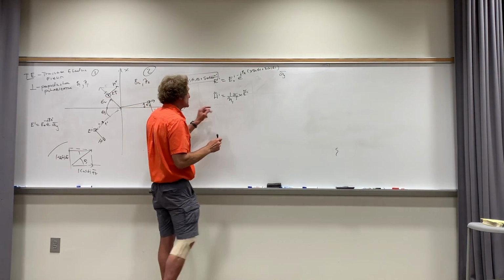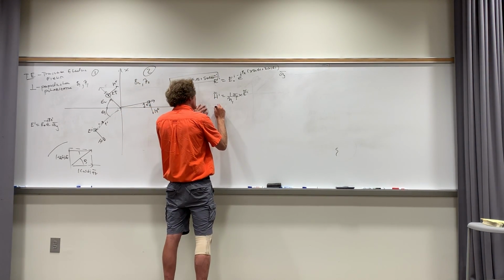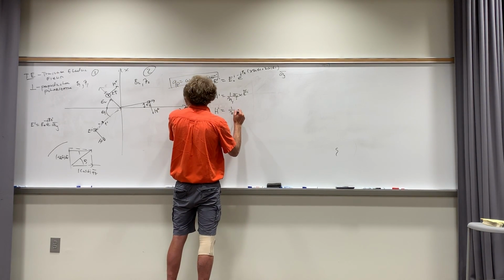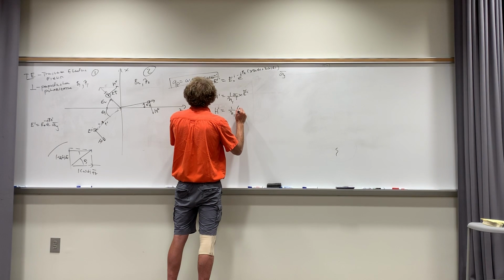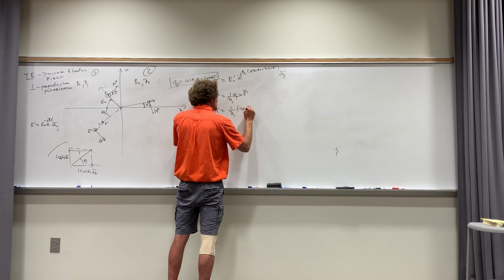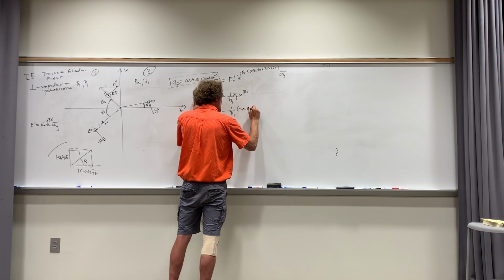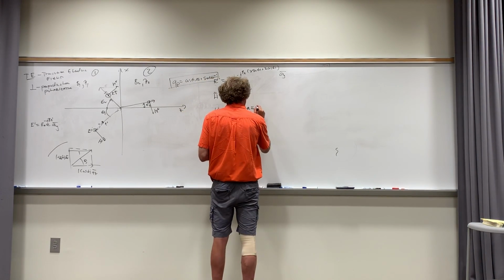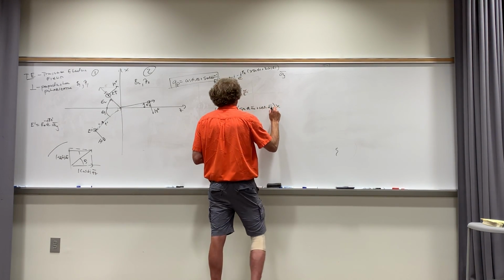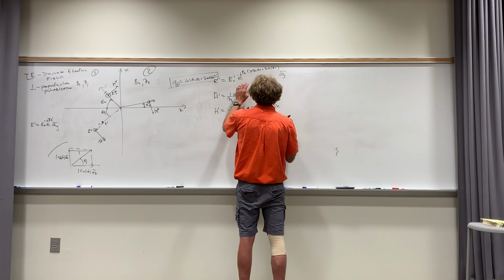Now I say that H incident is going to be 1 over eta 1 times, I'll put the sine first, sine theta I ax plus cosine theta I az, and I have to cross that into the E field. This is the E field.